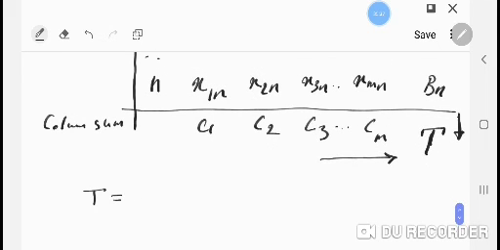T is the summation of 1 till M of C, or is the summation of 1 to N of block.